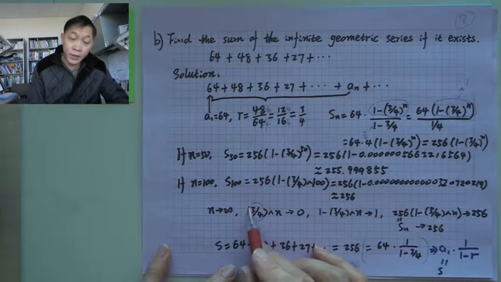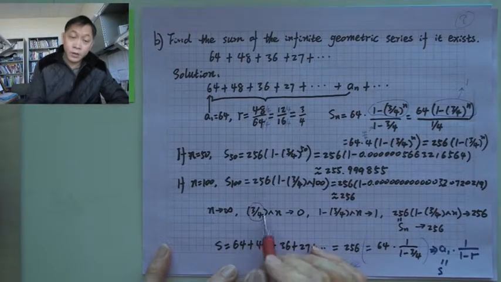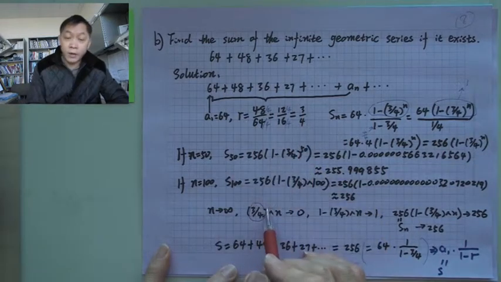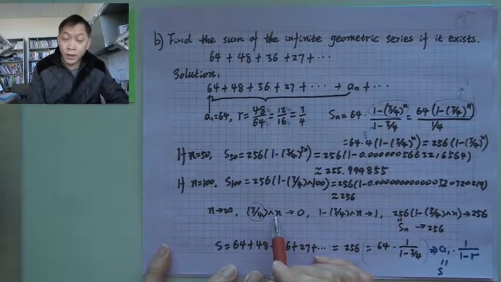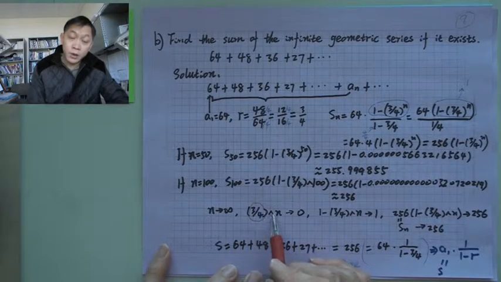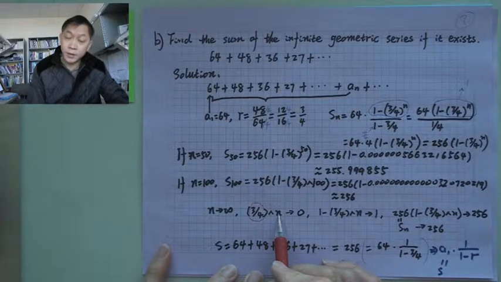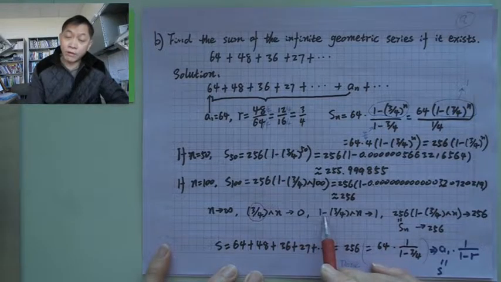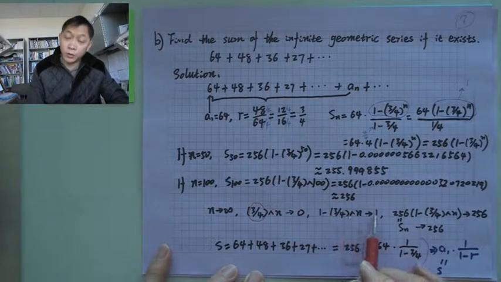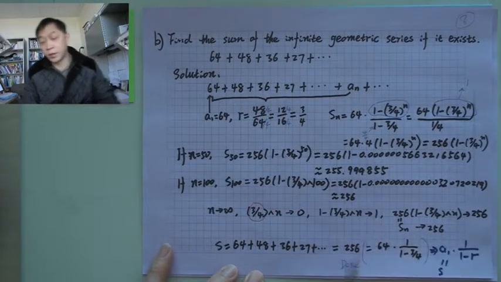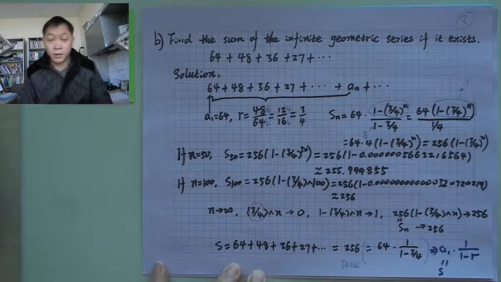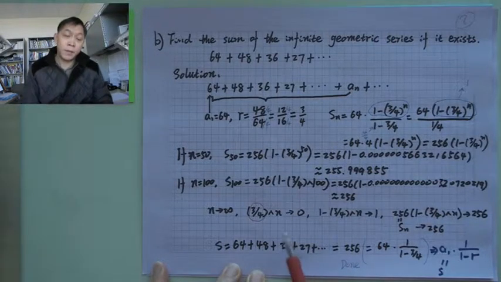If here the ratio r is greater than 1, for example 2, then 2 to the n is a very big number. And you will never get 1 minus a big number to be 1. It's impossible in that case. So here, this ratio has to be less than 1.